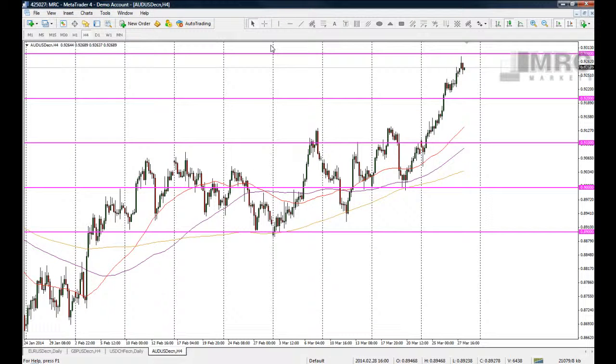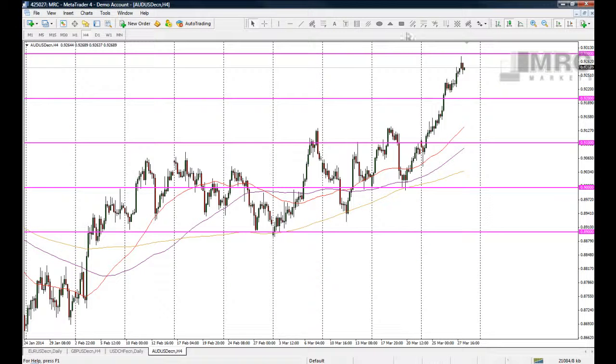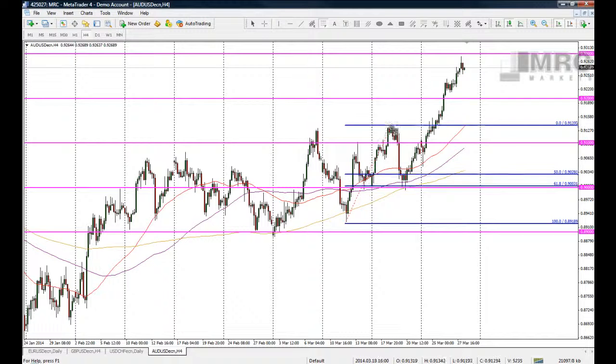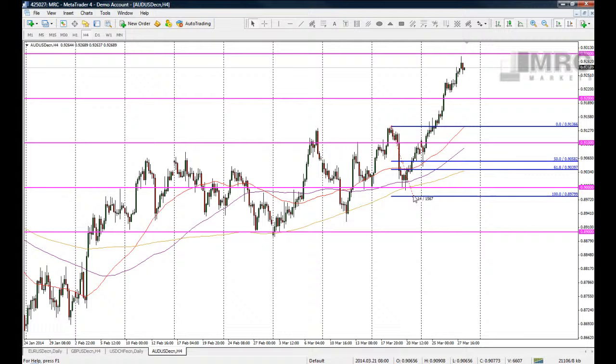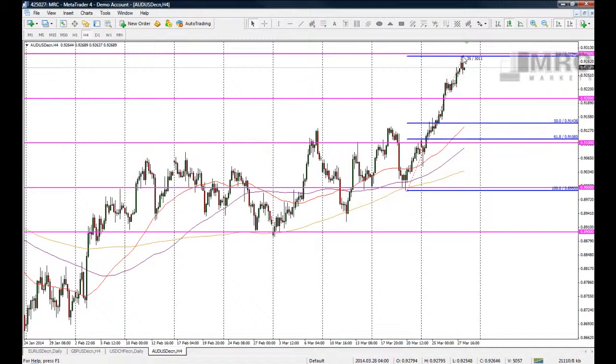In terms of this 4 hour, it's a similar thing on the daily, but in terms of fibs, if you're looking to buy towards the upside, I'd say this is the most recent swing low. Reason being, this was a nice fib move here, off that 61.8 and that 0.90 level. So if you're an aggressive buyer playing the dips, I thought a lot of people will be looking at this move here.